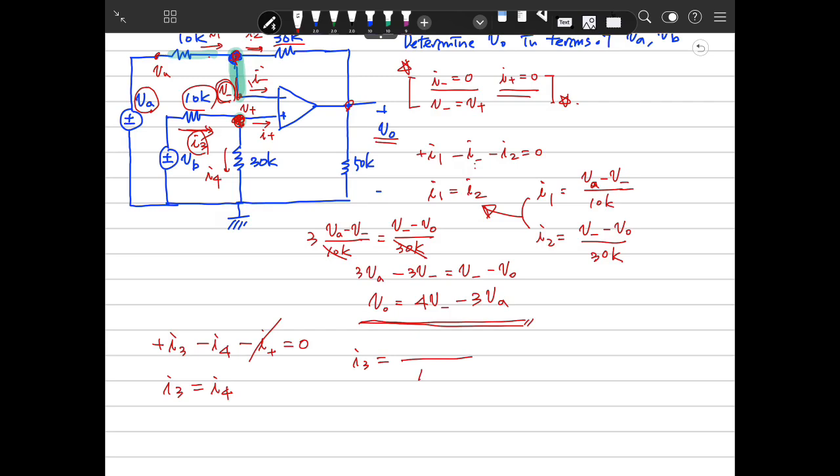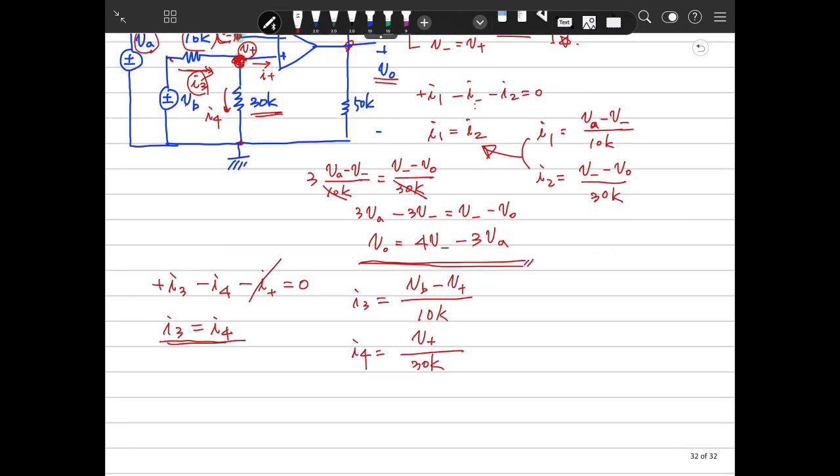So 10 kilo ohm, and from here, this point voltage is VB minus that voltage V plus. And I4, what is I4? I4 is going from here to ground, so V plus divided by 30 kilo ohm. Because I3 equals I4, VB minus V plus over 10 kilo is the same as V plus over 30 kilo ohm.